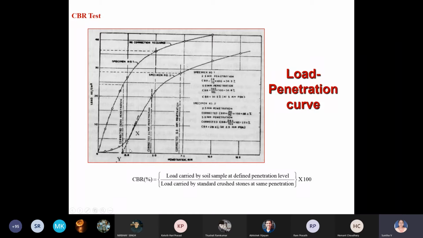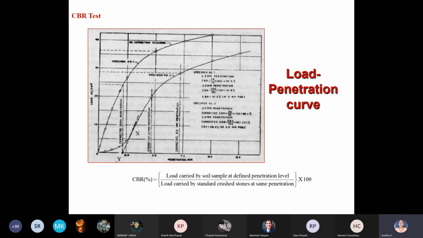For that you have to do corrections. That's called the zero correction. You have to draw a line parallel to this curve which touches the x-axis. Wherever it is touching, from there you set the zero. That's why it's called zero correction.